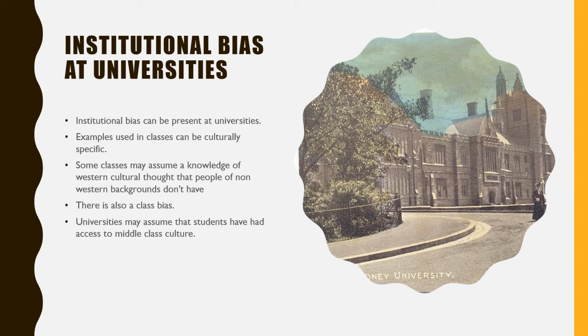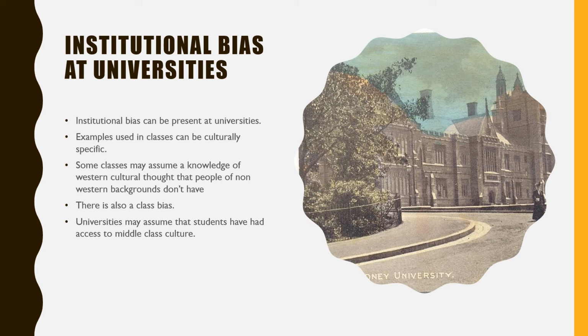So this is particularly relevant for you guys, because if you're going to universities, you might find these same problems and just realise that it's part of the bias in the institution, that the institution has this bias within it.